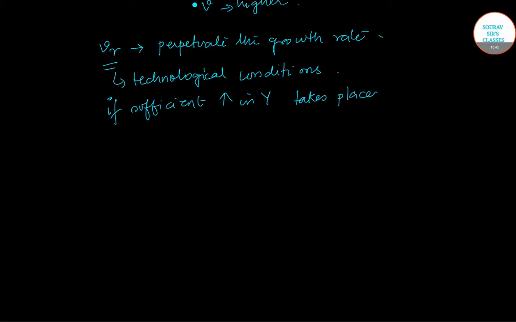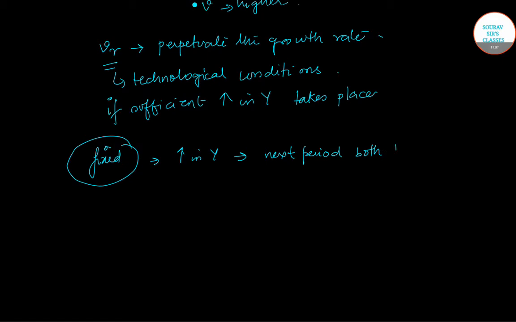Now, before we conclude this particular tutorial, the concluding lines which I need to add here are that the proportion of investment to income being fixed, an increase in income would mean that next period both investment as well as income will be higher. Now, in such a situation, the producers will like to perpetuate the rate of growth which they have already realized.